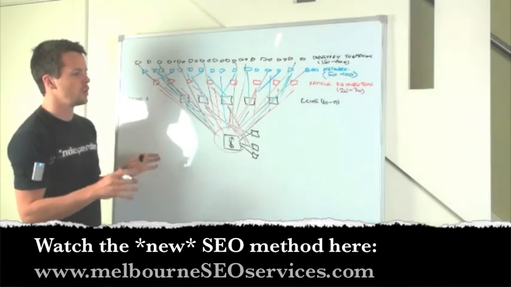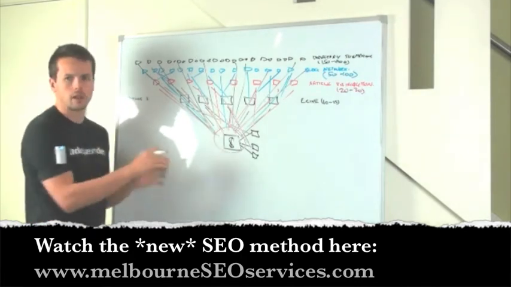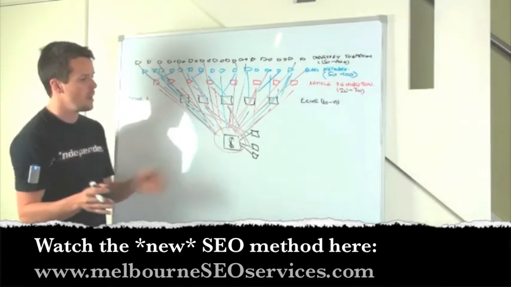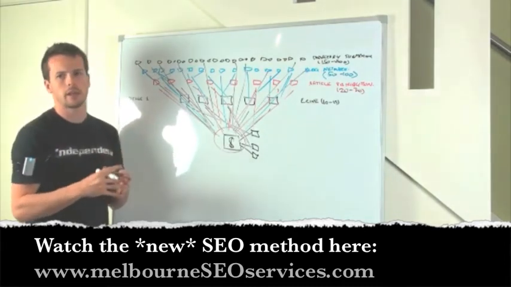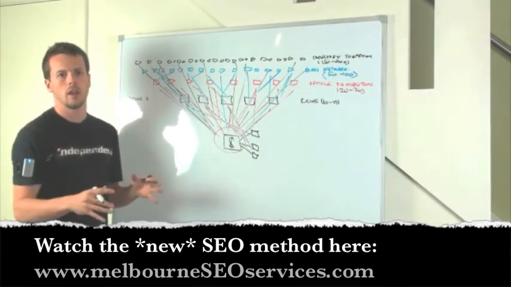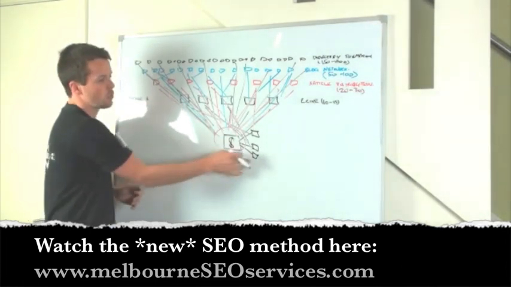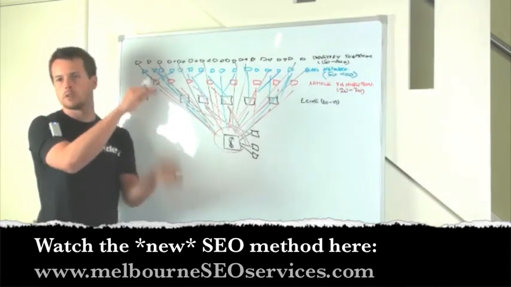But depending on if you've decided this is my core business that I'm going for, this money site is the core business and I want to rank and I want to do whatever it takes to get that to rank, then taking it to the next level, and this really comes back to search engine domination. If you want someone to type in your keyword, and this is going to get your money site ranked, what I'm about to show you now is how to dominate the first page of Google.